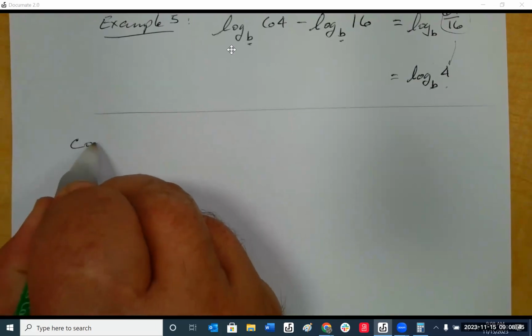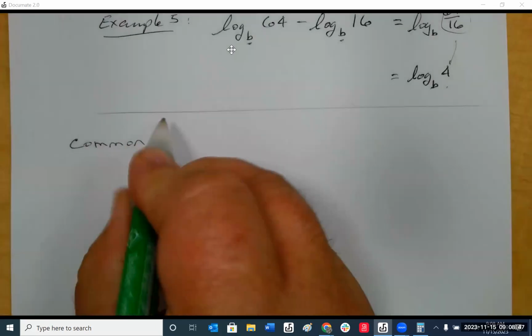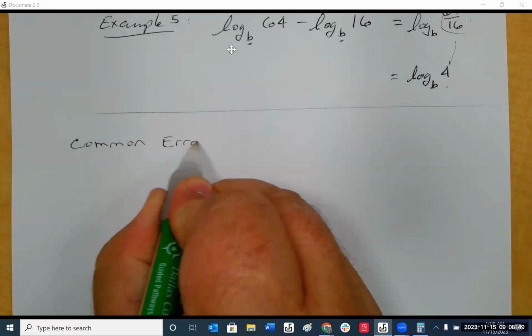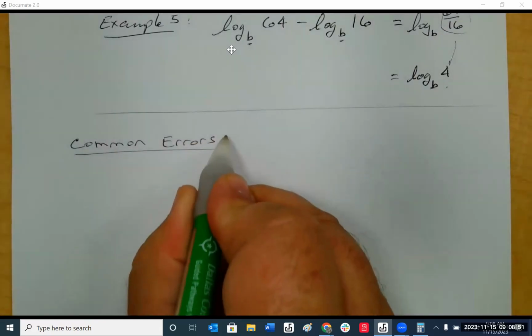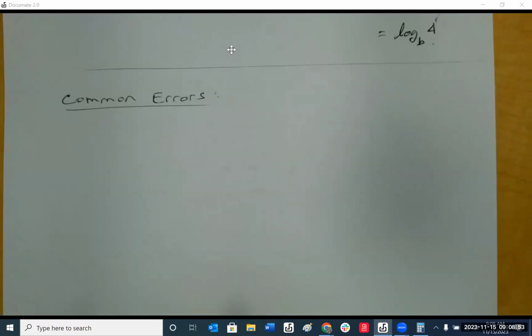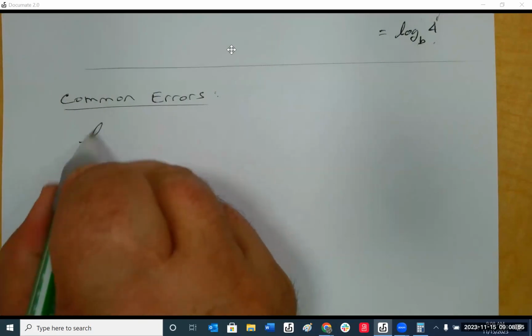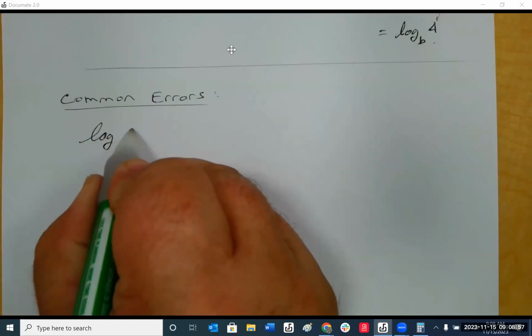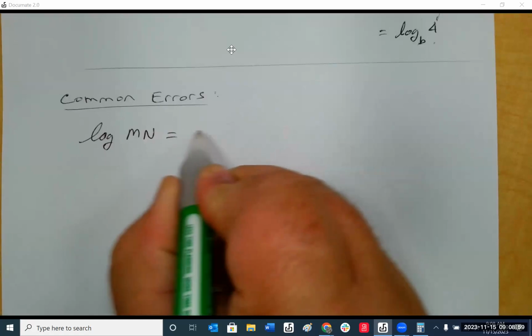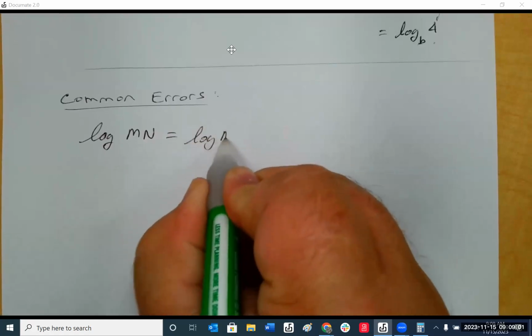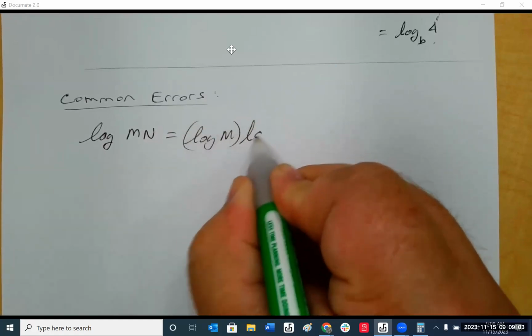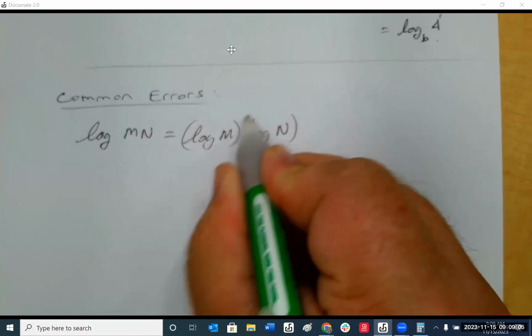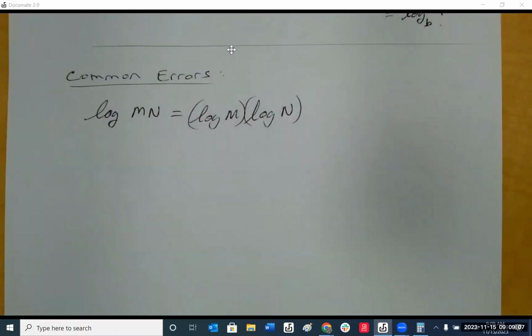Oh, here are some common errors. Don't do that.